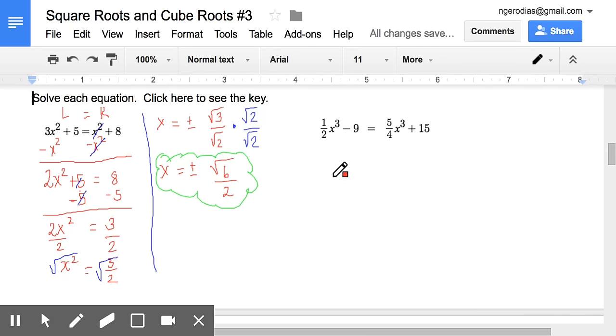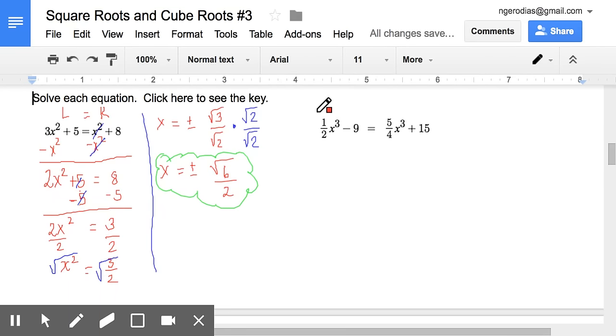So the first thing that I probably will do is I want the 1/2 to become a whole number. So how do I make 1/2 become a whole number? I don't want a fraction. So to make it a whole number, we can multiply it by 2.